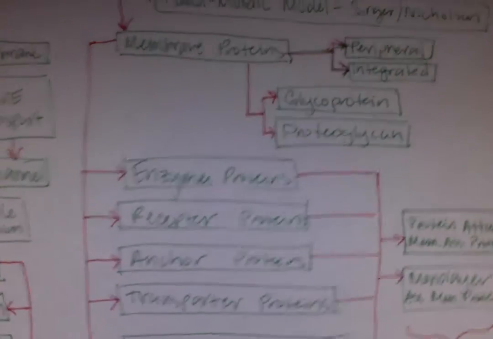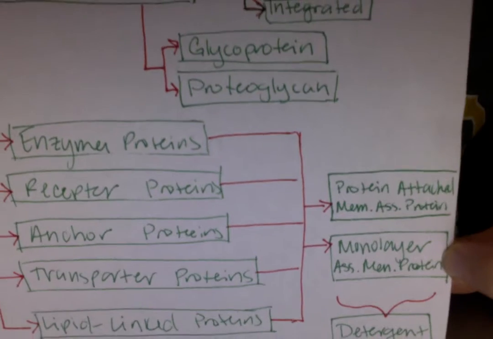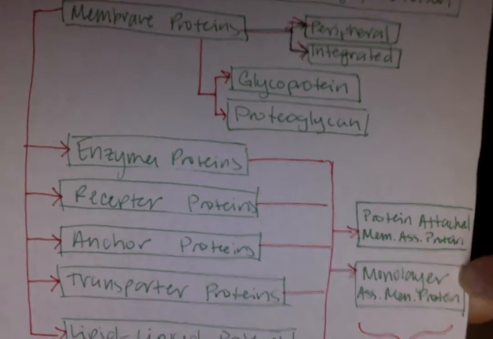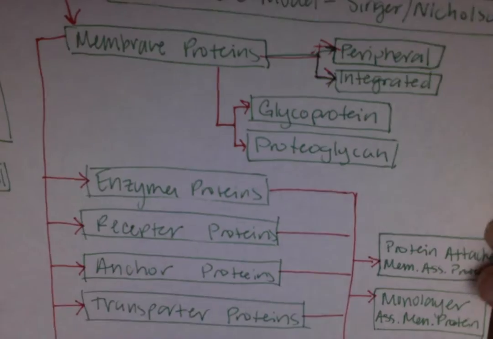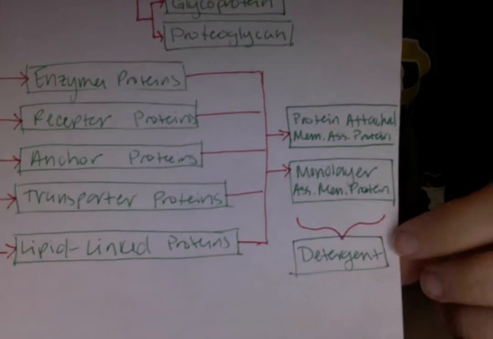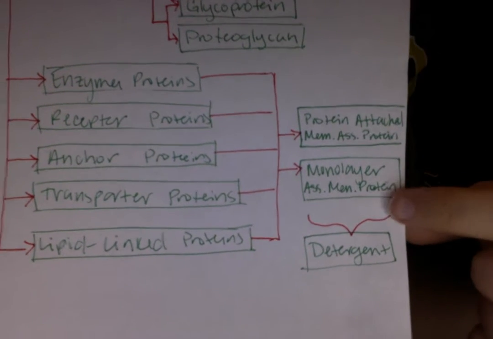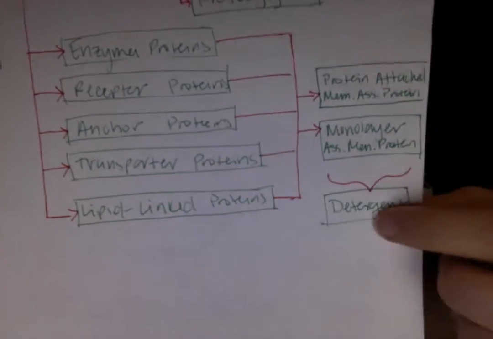I hope you can see that. The monolayer faces the cytosol, and the protein attached faces the extracellular fluid, so it's pretty much the very outermost of the whole cell plasma membrane. And these can all be broken up by detergent.